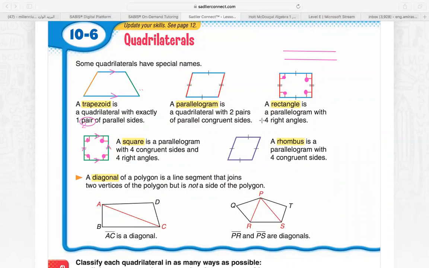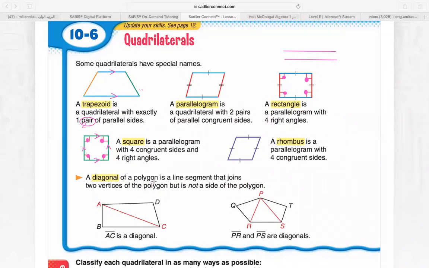A rhombus is a parallelogram with 4 congruent sides. What is different between the rhombus and the square? The rhombus doesn't have 4 right angles, but the square does. The square has 4 right angles.